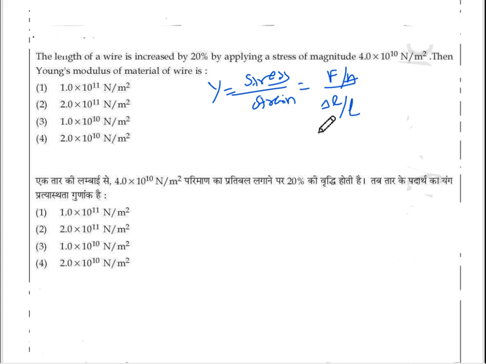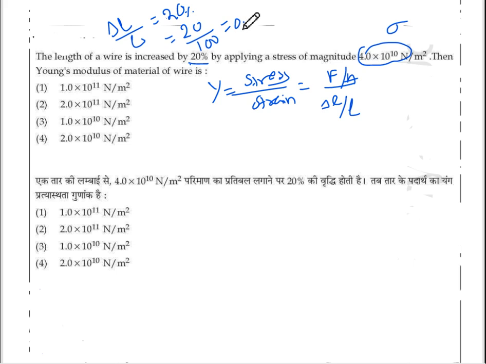Here the stress of the object is already given: 4 into 10 to the power 9. The question says the body is increased by 20%. It means delta L by L is 20%, which I can write as 20 by 100, which is 0.2.